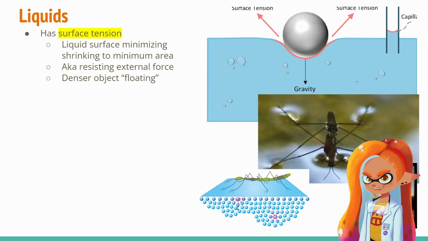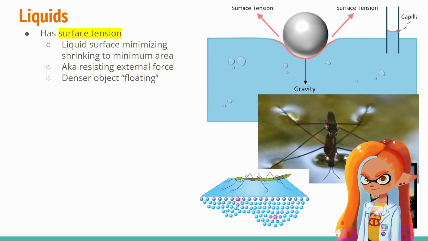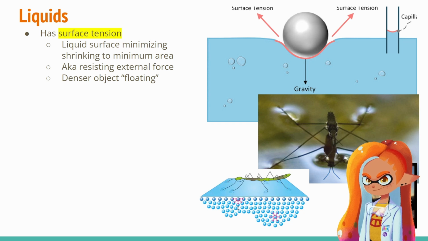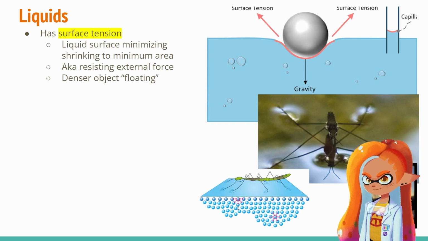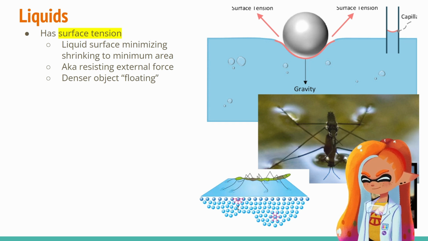So that's why these bugs right here, called pond skaters, are heavier than water in terms of density, and they can still stay on the water because of surface tension. The water molecules are attracted to each other, and the legs of the pond skater are not putting enough pressure to break those hydrogen bonds in the water.